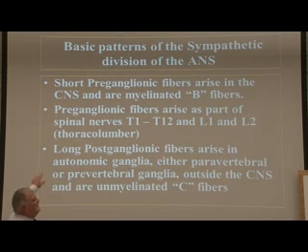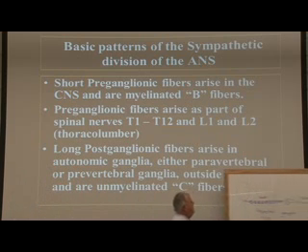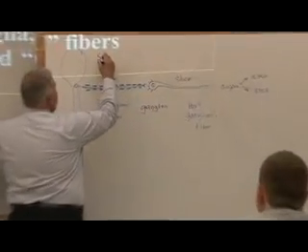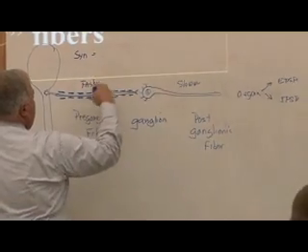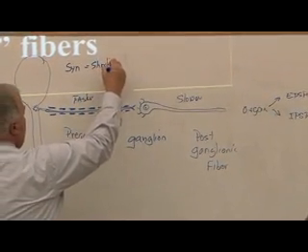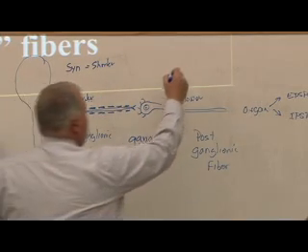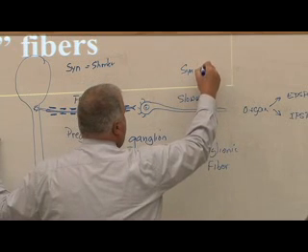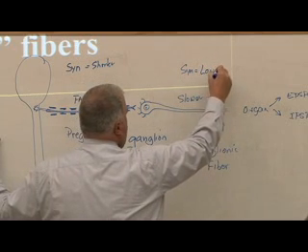Yeah. So when we're looking at the sympathetic pattern, what we're going to see is that in the sympathetic system, the preganglionic fibers are shorter. And in the sympathetic nervous system, the postganglionic fibers are longer.